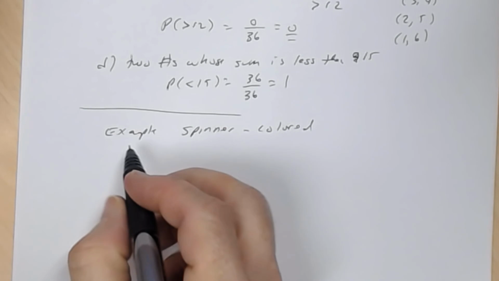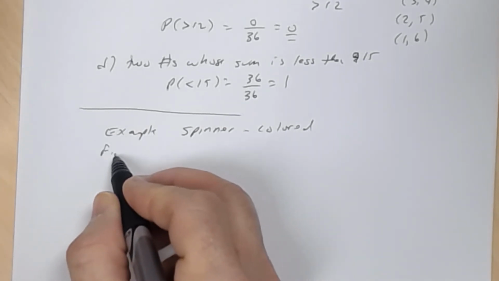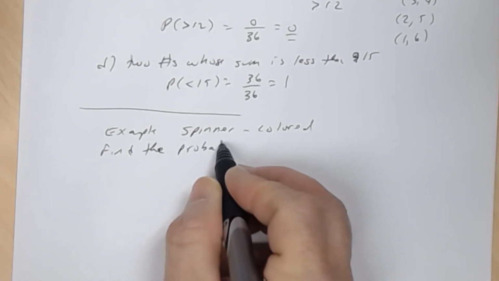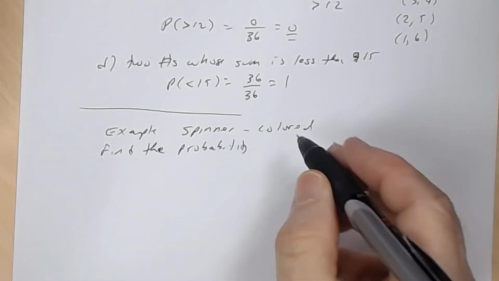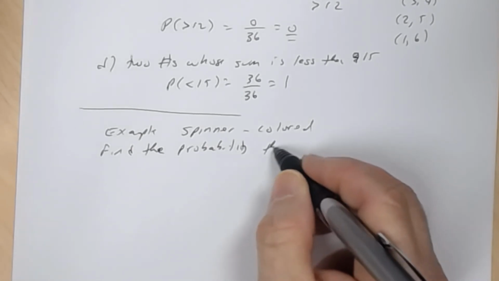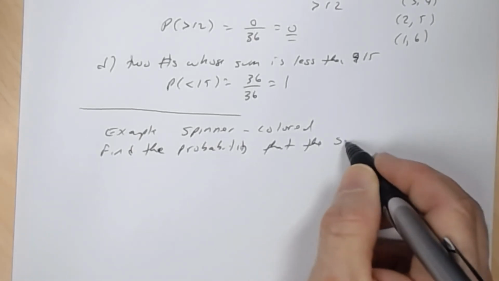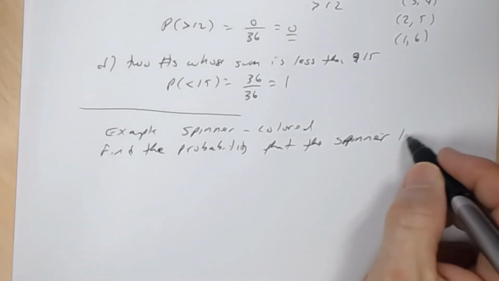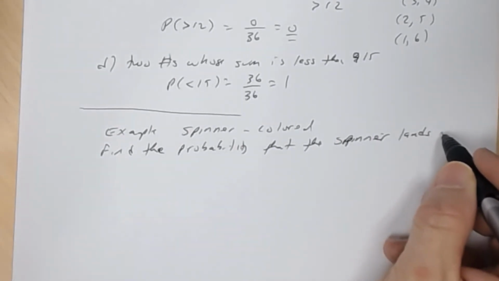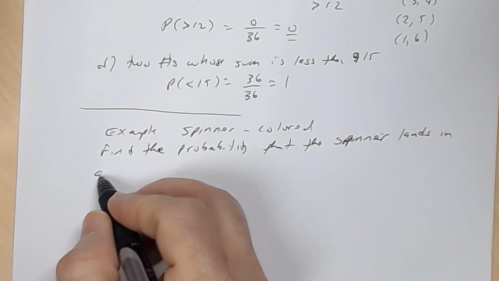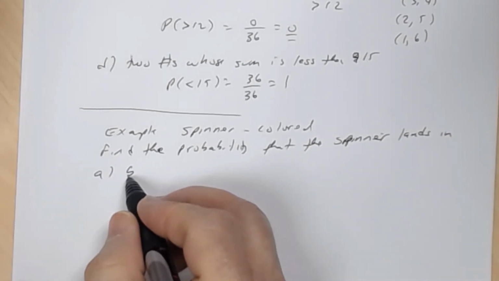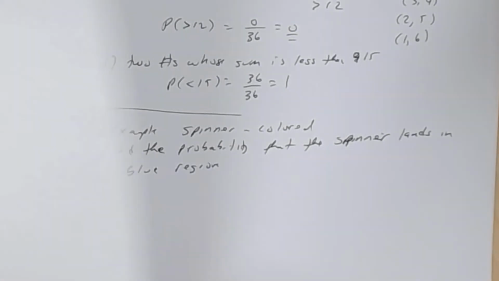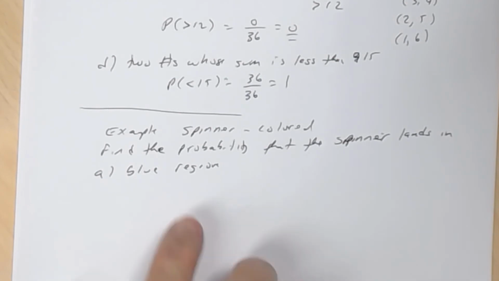Find the probability that the spinner lands in a blue region. Okay, blue region. So my event is I want a blue.